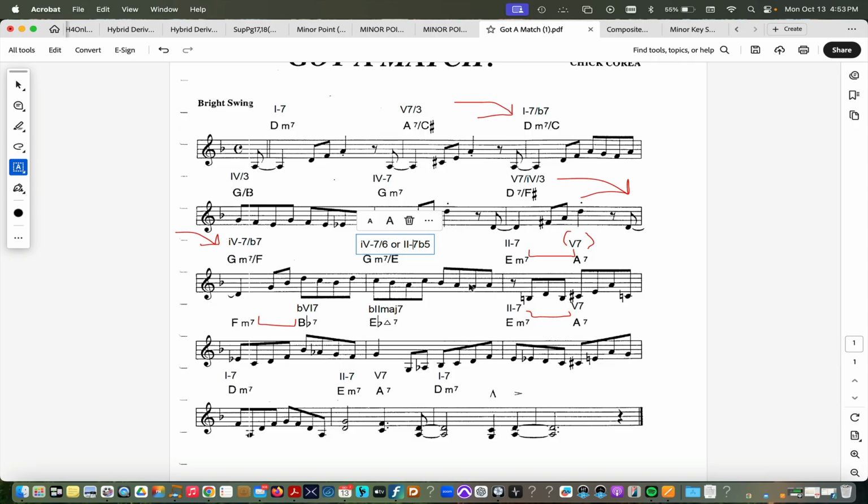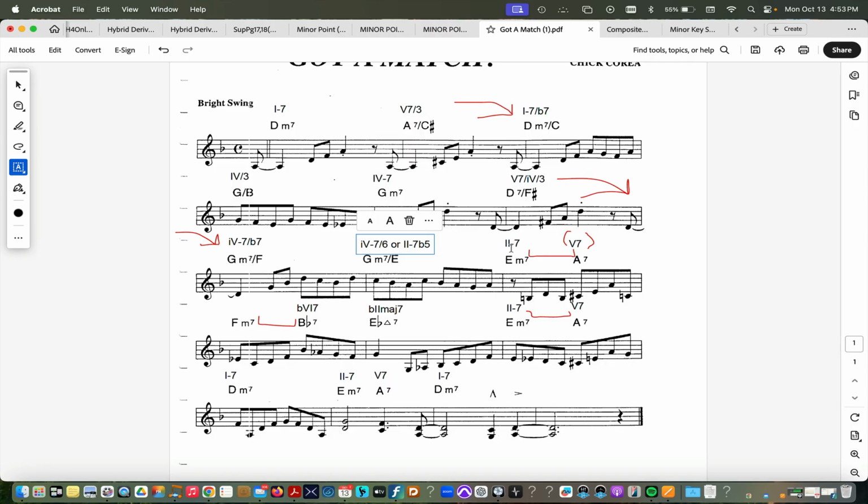Because when you add up the notes, E, G, B flat, D, that forms an E minor 7 flat 5. Now it does have an F because it's got a G minor 7, so it's not really a typical structure. It's more a result of voice leading. I would accept either of those two answers. Neither one is 100% correct in terms of chord symbol. It's really a continuation of the line cliche idea.